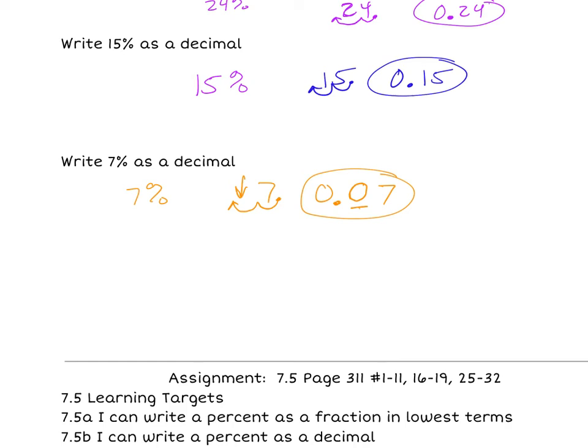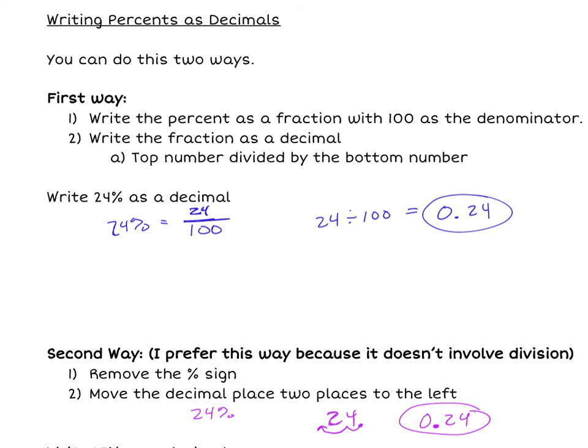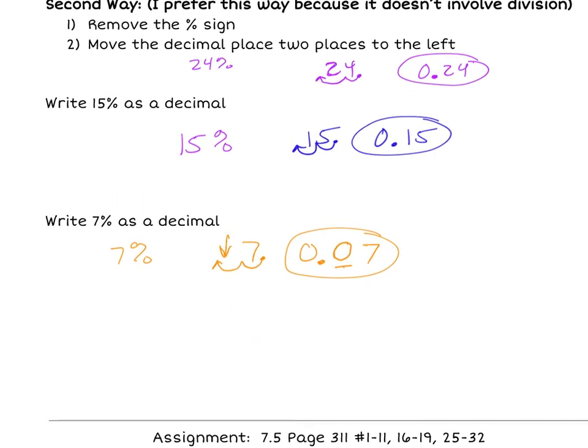Keep that in mind when you have single-digit numbers. You're always moving it 2 places. If that was too confusing for you, feel free to use the first method, which is just take the number divided by 100 on your calculator, and that will always give you the decimal.